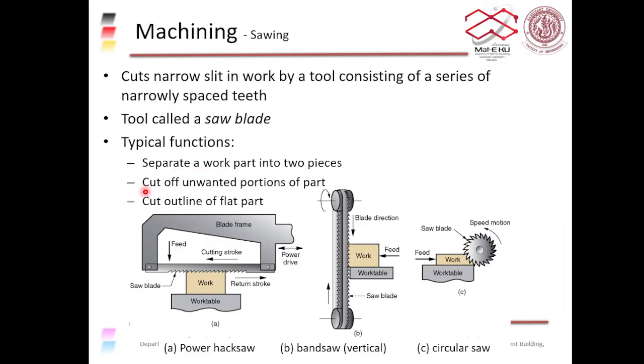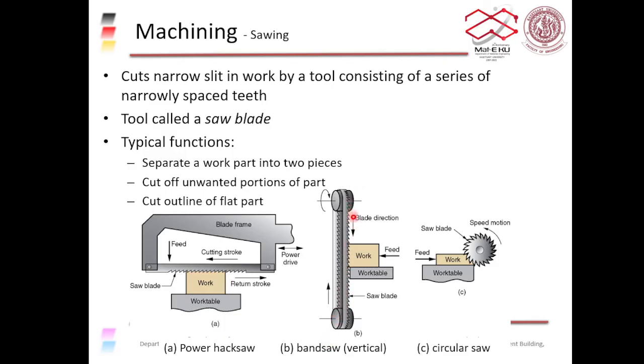Okay, or you can use it to cut off unwanted portion of the part or cut the outline of a flat part. Right? You can have a power hacksaw that moves back and forth and cuts into the workpiece, or you can have a band saw. In this case, it's a vertical band saw.